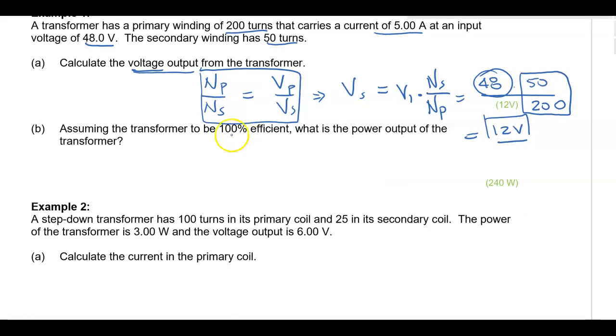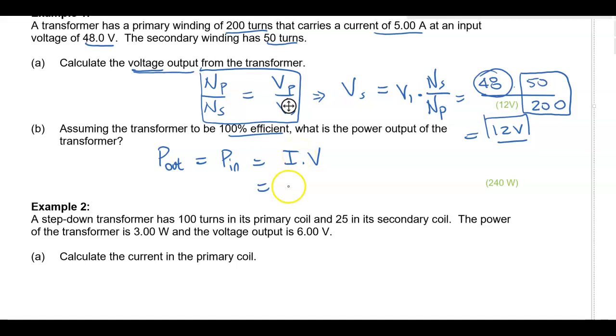Okay. If it's 100% efficient, what's the power output? Okay. So your power out is your power in, which is I times V. And the thing we need to remember is that I times V could be for your primary or your secondary.